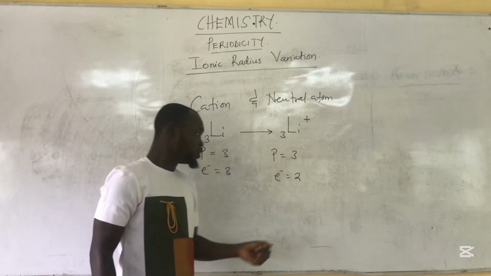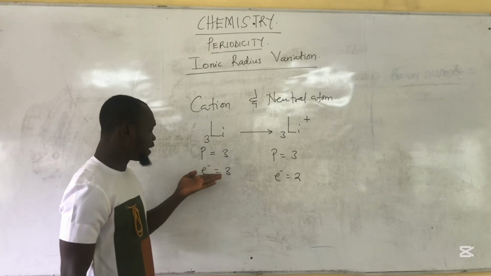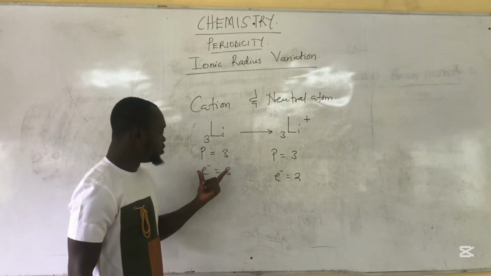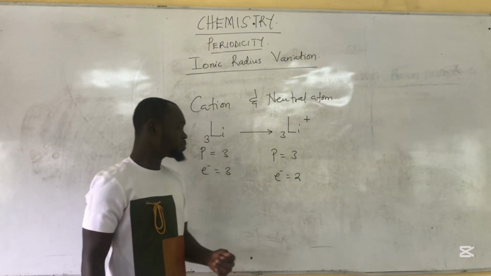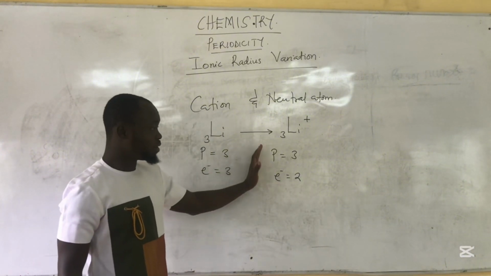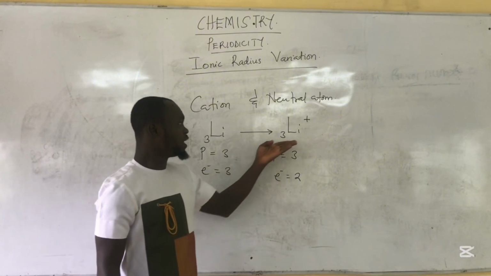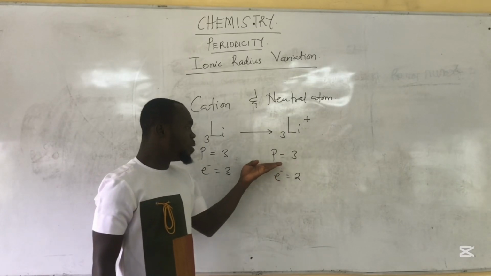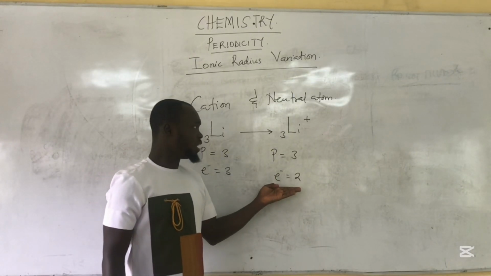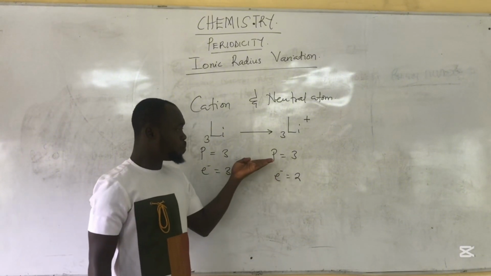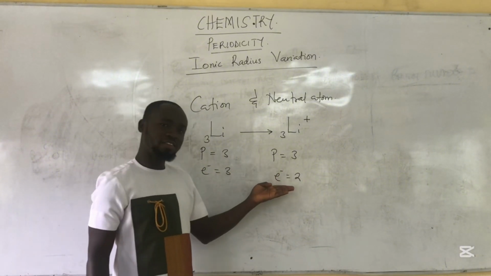Is that okay? So once we compare the proton and electron with the neutral atom and with the cation here, we could see that for the lithium ion, it has more protons against its electron. Is that okay? The lithium cation has more protons against its electron.